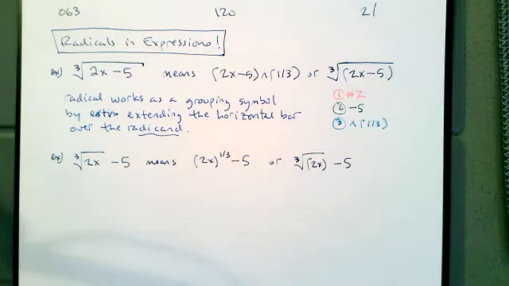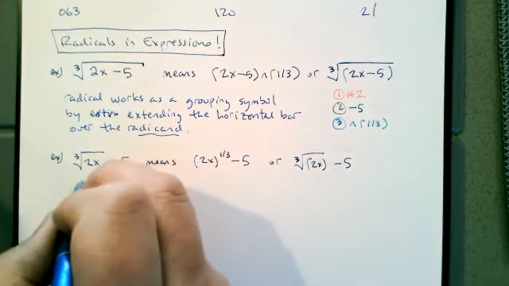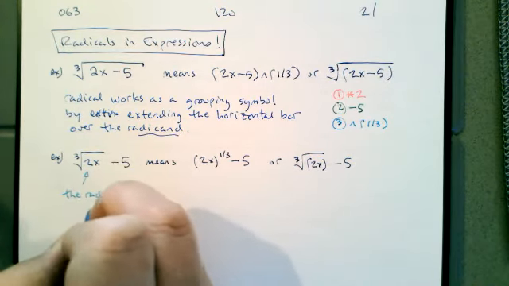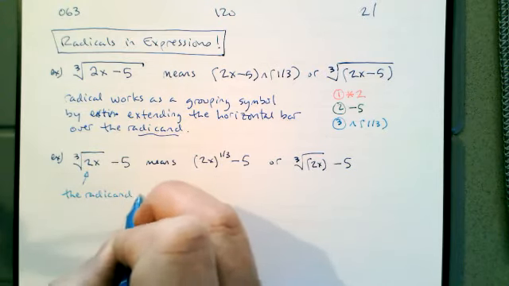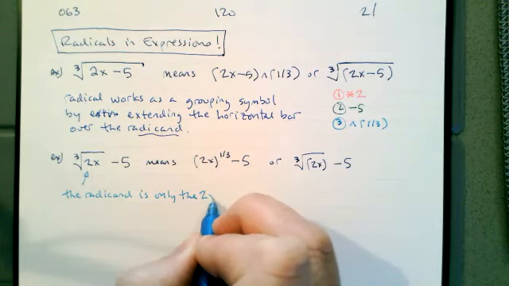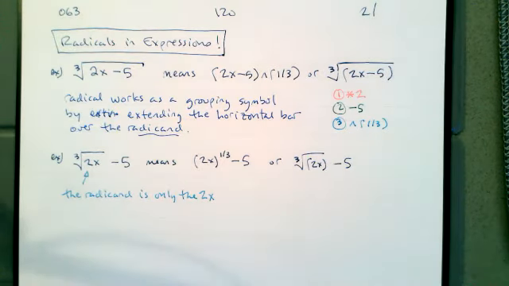We want to make sure it's clear that only the 2x is the radicand. We can use parentheses to emphasize that and fraction exponents to emphasize that as well.